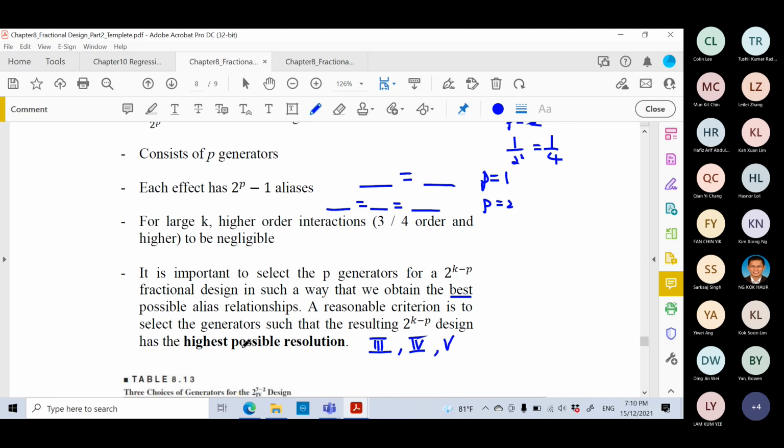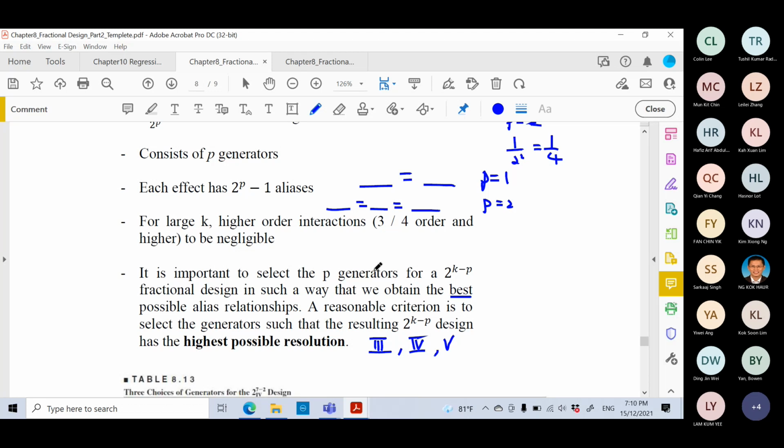So we will choose the highest possible resolution. How do we interpret the highest possible resolution? You need to read through the definition of resolution 3, 4, and 5 here, and then choose your generator carefully.